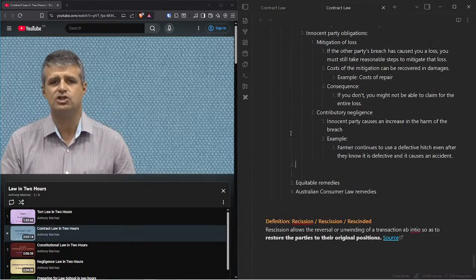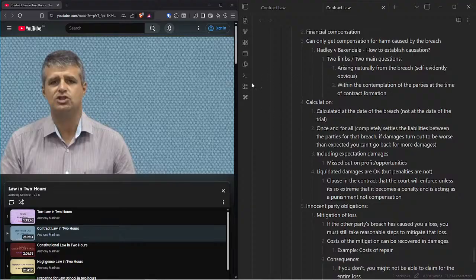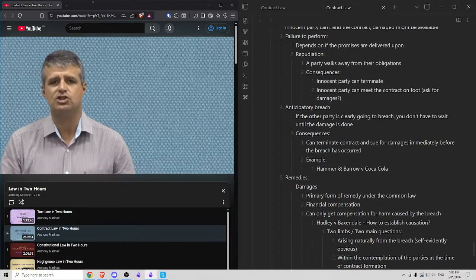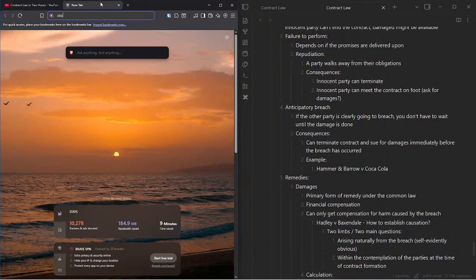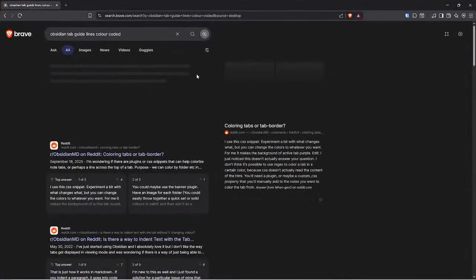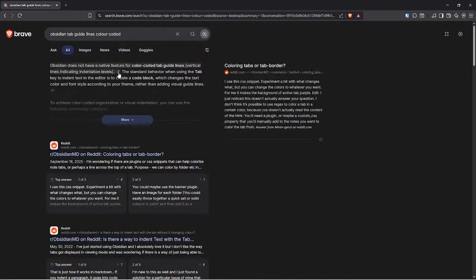What line is that? You know, it would be nice if each of these lines could be color-coded. I wonder if there's a... Hold on. Let me, I'm curious. Obsidian. What are these lines called? These are called guidelines. Tab guidelines color-coded. Something like that? Indents, indentation... Oh, yeah.